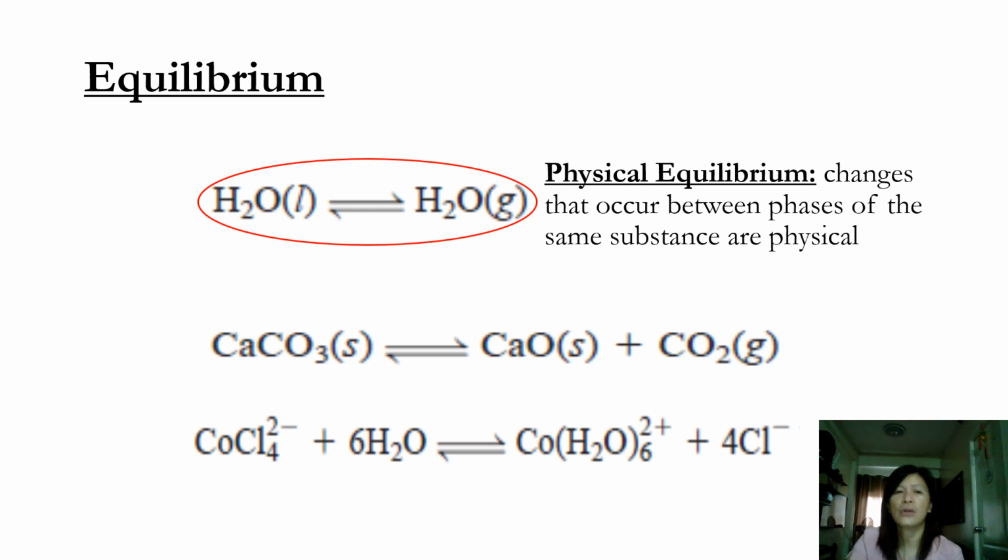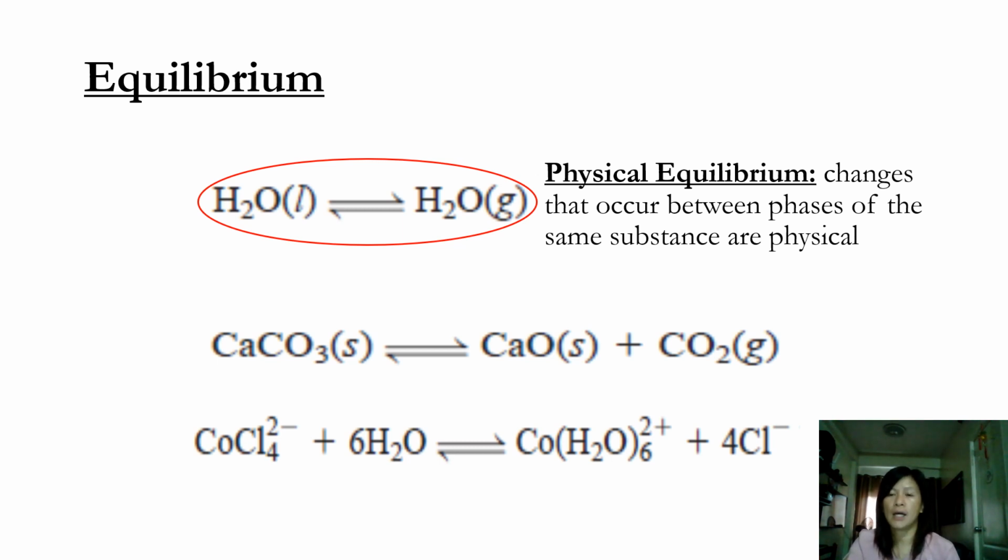So this is another reaction at equilibrium, as indicated by the double arrow, one towards the right and one towards the left, meaning that the rate of the decomposition of the solid is the same as the rate of combination of the products to form the solid again. So as the two processes, forward and reverse, occur at equal rates, the system is said to be at equilibrium. The other example is ionization.